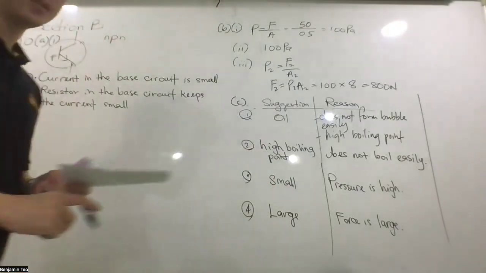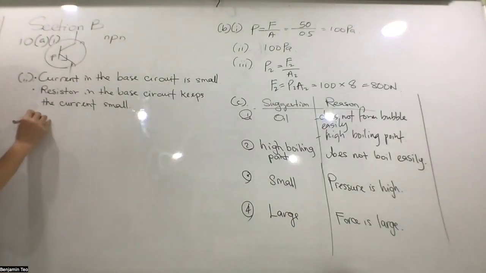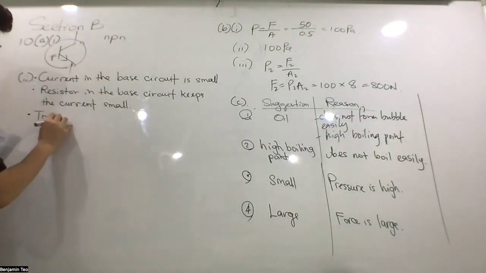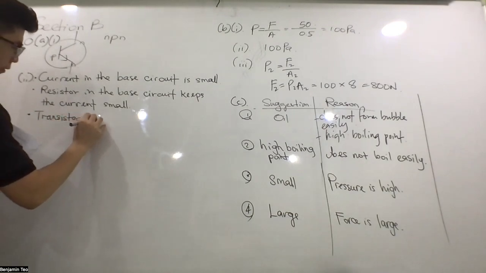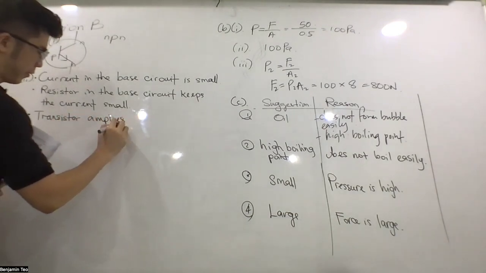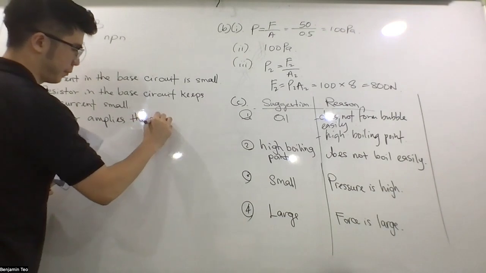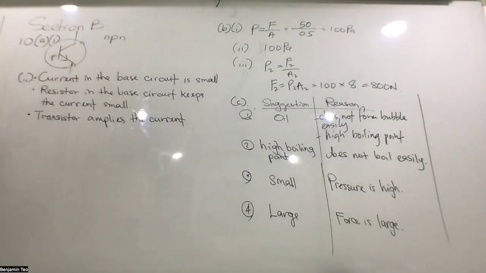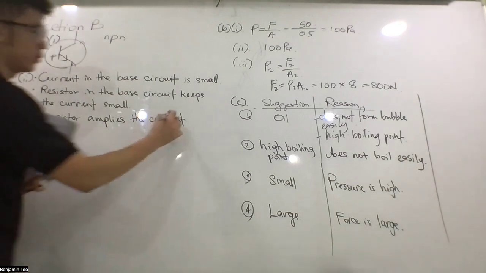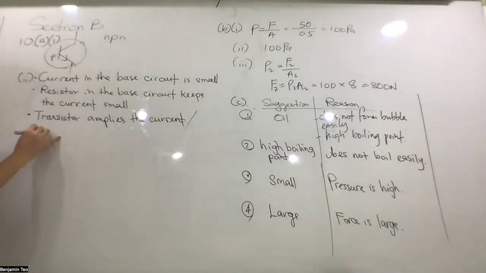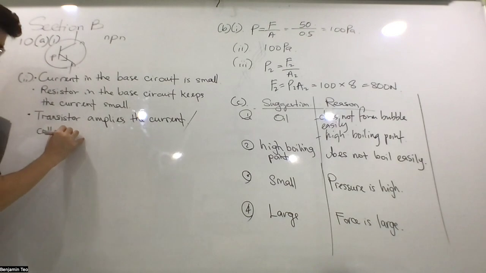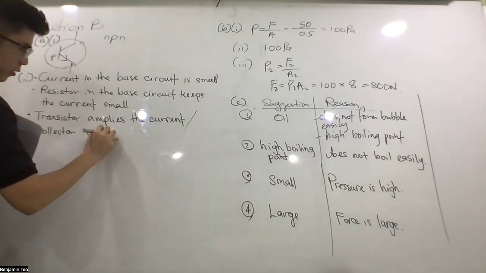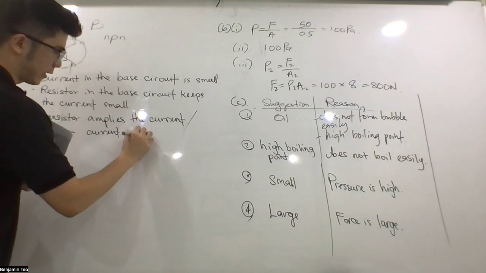Okay, then the transistor amplifies the current, or you say collector current is higher.